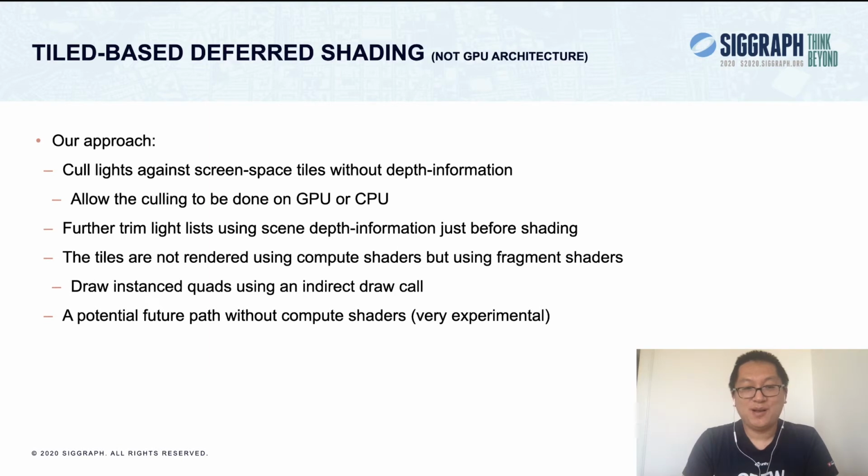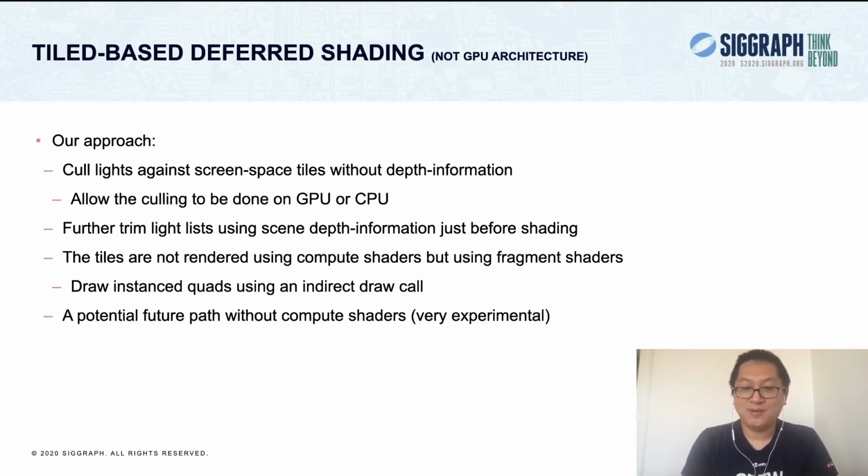So our approach for ERP, we cull the lights against screen space tiles, but without the depth information first. And that allows us to do the culling either on a GPU or on a CPU. And then, as a second step, we further trim the light list using the scene depth information, but just before shading.